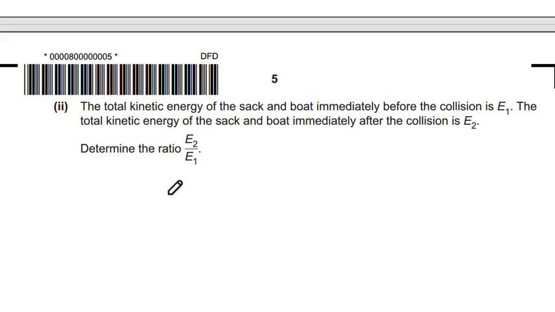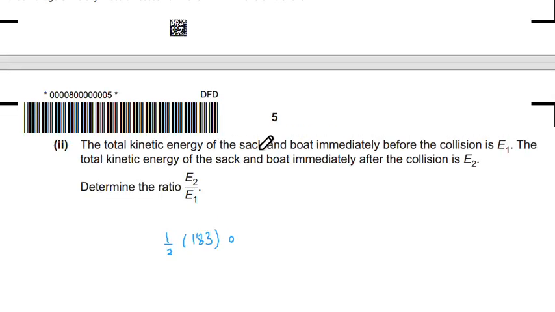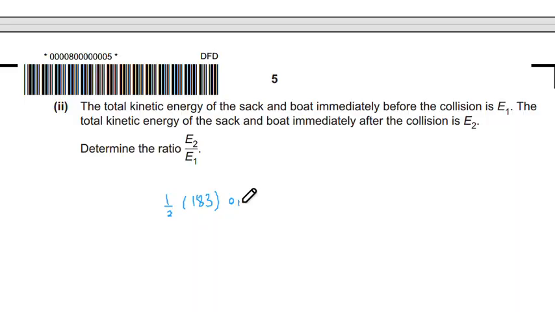E2 is half M, which is 160 plus 23, that is 183, times V squared. This is the velocity that we have just calculated, it was 0.43, all squared.